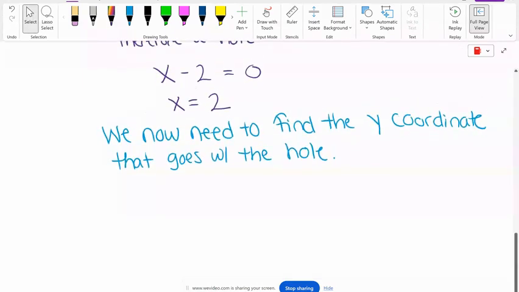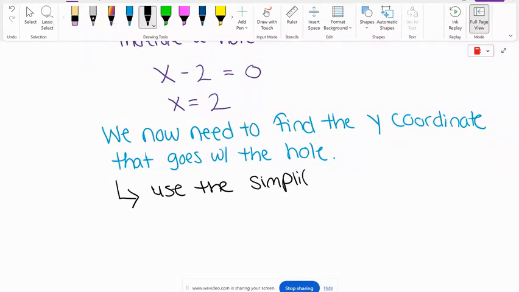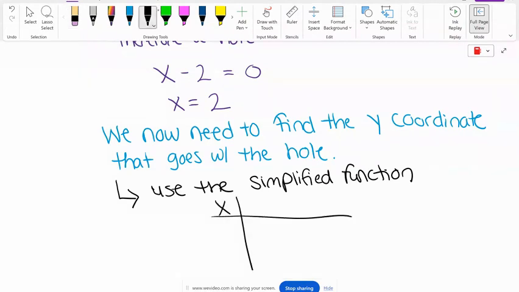Okay, so how do we find the y coordinate? What we're going to do is use the simplified function. So we have y equals x over x plus 2.